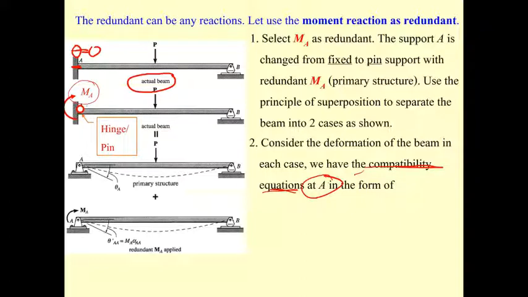So the primary structure subject to force P is going to rotate by theta sub A, and this one subjected to the redundant force is going to rotate by alpha sub AA for M sub A equal to 1. When M sub A is the unknown, it's just M sub A times alpha sub AA.